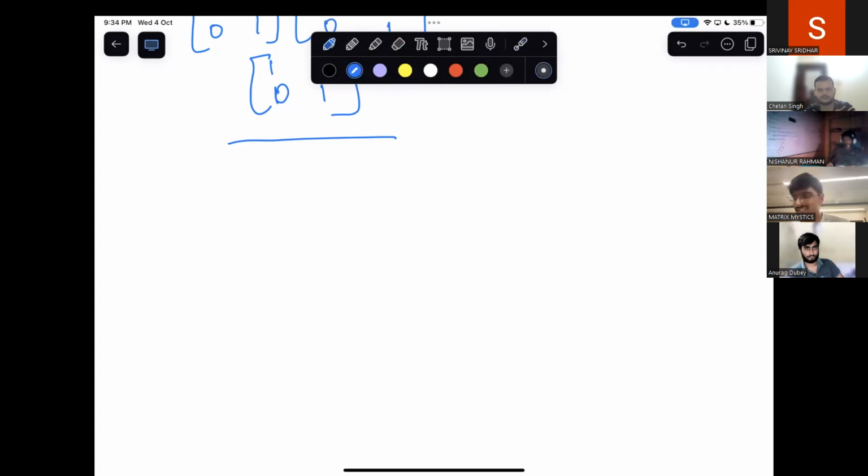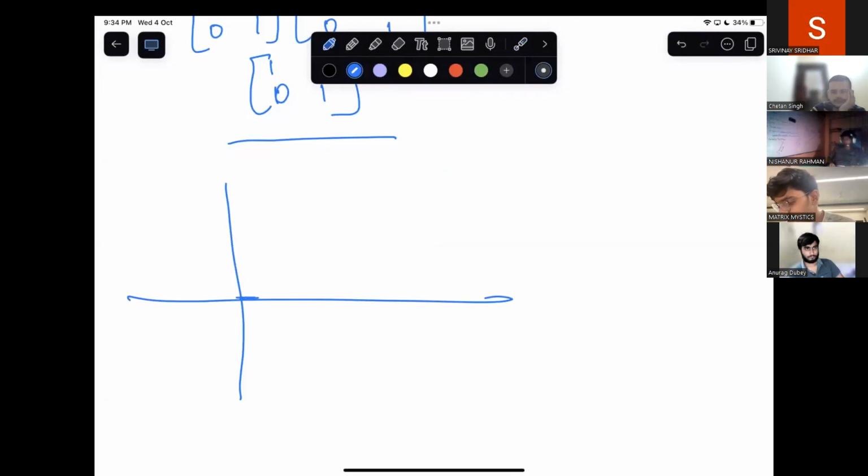Unit vectors are not a big deal. Suppose we have an xy coordinate here, and we consider a unit vector that points in one particular direction. In this case, we call the unit vector along the x coordinate i cap, and the unit vector along the y coordinate j cap, right?